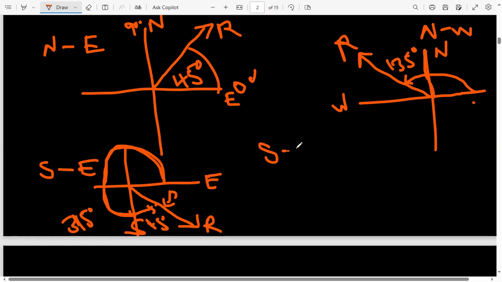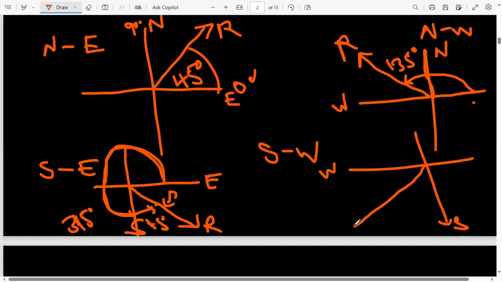And then southwest, it would be like this. So this is the south, and then this is the west. So southwest, it's between the west and the south. So how are we going to find the angle of this resultant vector? We're going to start from the positive x-axis all the way up to here.